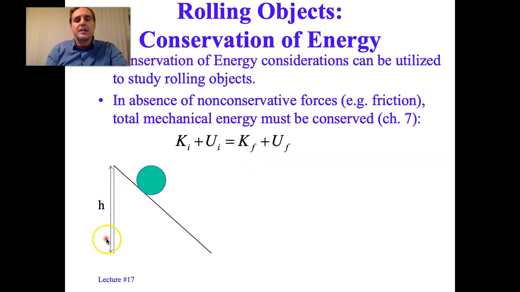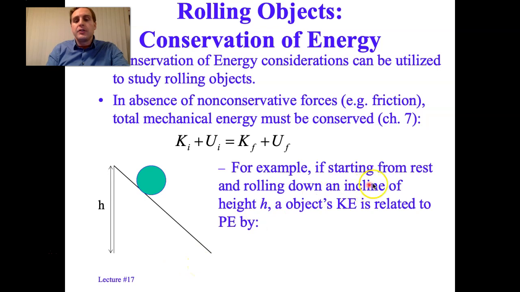Imagine, as an example, we have a rolling object that is at rest at the top of a hill, some height h above h equals 0. If you start from rest and you roll that object down an incline of height h, the object's kinetic energy is related to its potential energy by this equation.